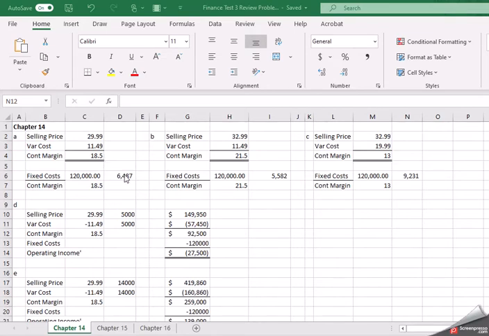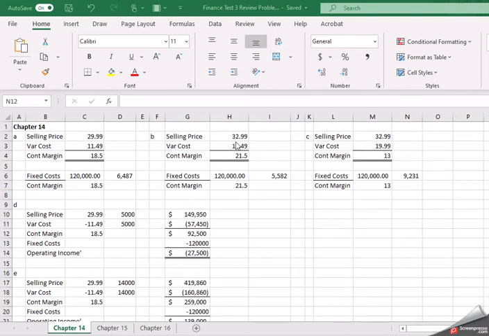So to figure out what our break-even point is in units, we take the fixed costs divided by that unit contribution margin and then round up to the next unit. So this really gives you like 6,486 point something. So round it up to they'd have to sell 6,487 shirts.